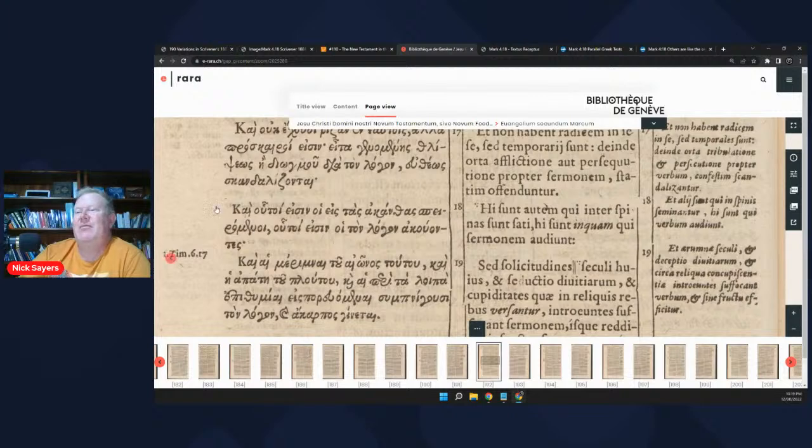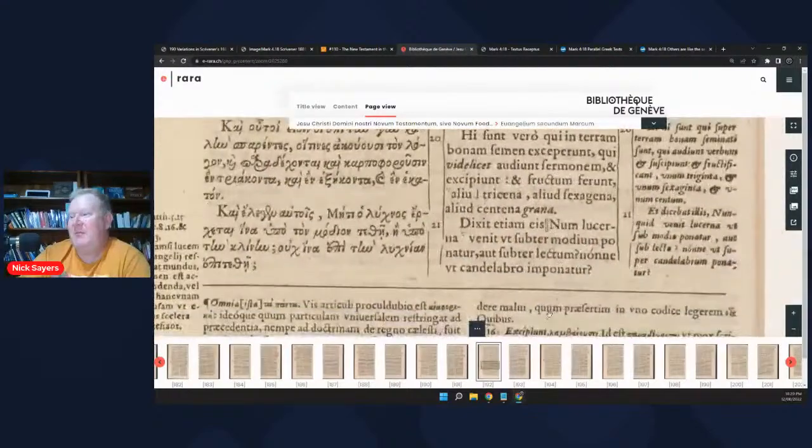So this is the go-to text if you want to know how the King James was translated. You go to the Greek first, and then you look at how it was translated in the Latin. And then he's got the Vulgate there. So that's the difference.